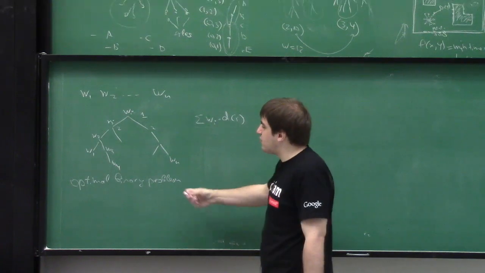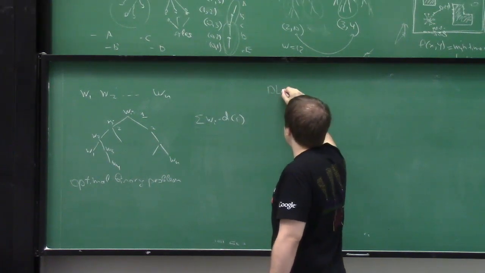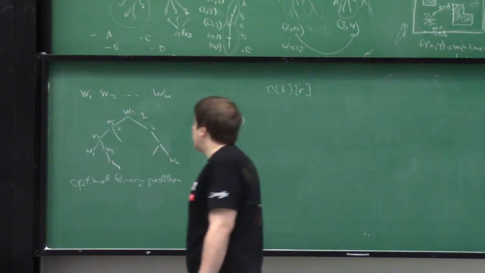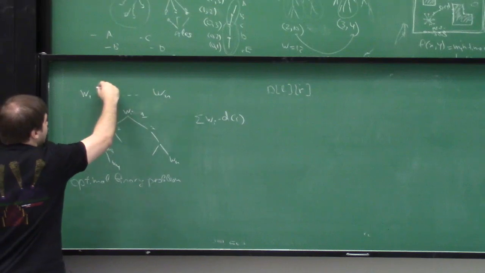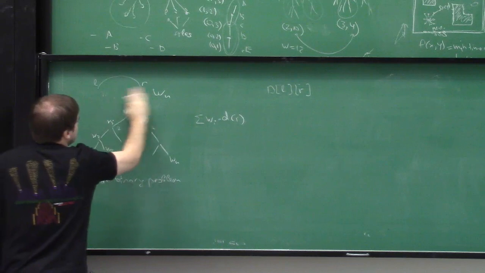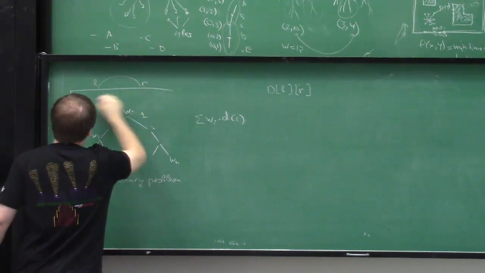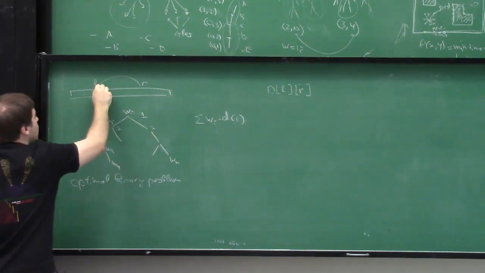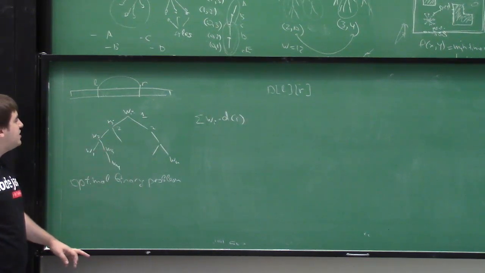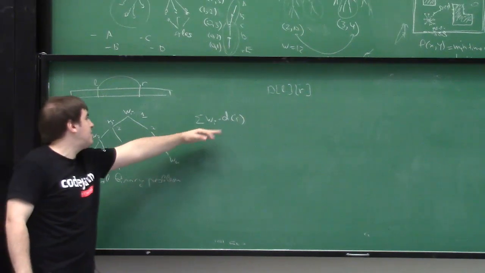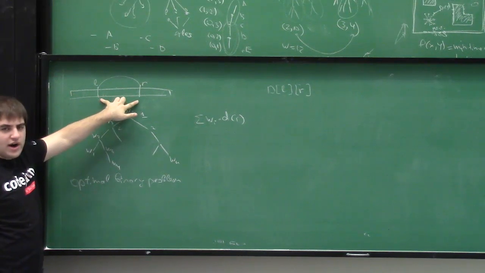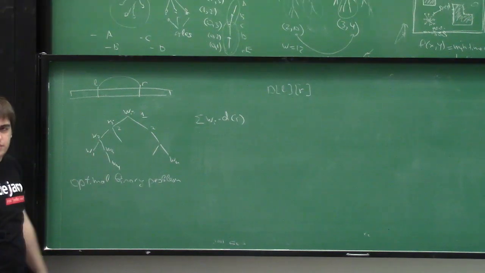So what is the dynamic programming solution? It is dynamic programming over the segments, where you consider the segment LR in your sequence, and the value is the minimum possible sum of the weights multiplied by the depths if we consider only the vertices from L to R and put only them into the binary tree.